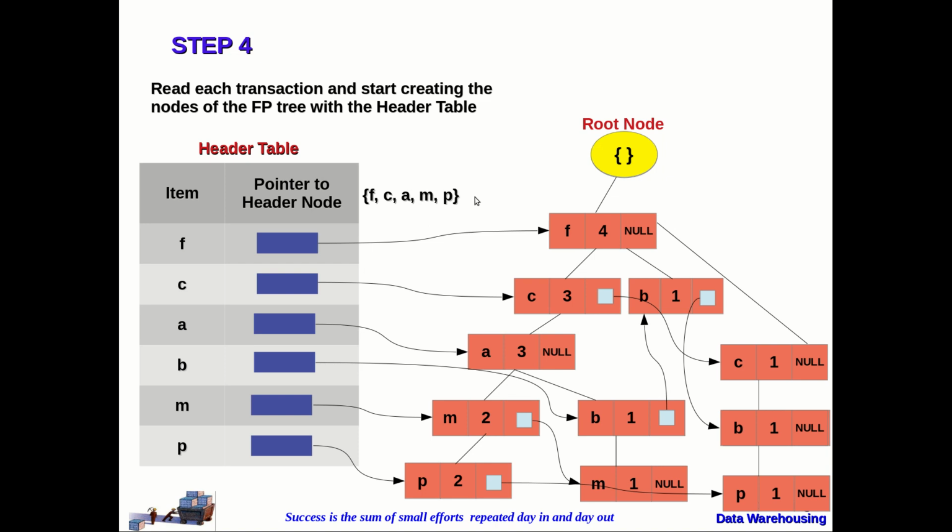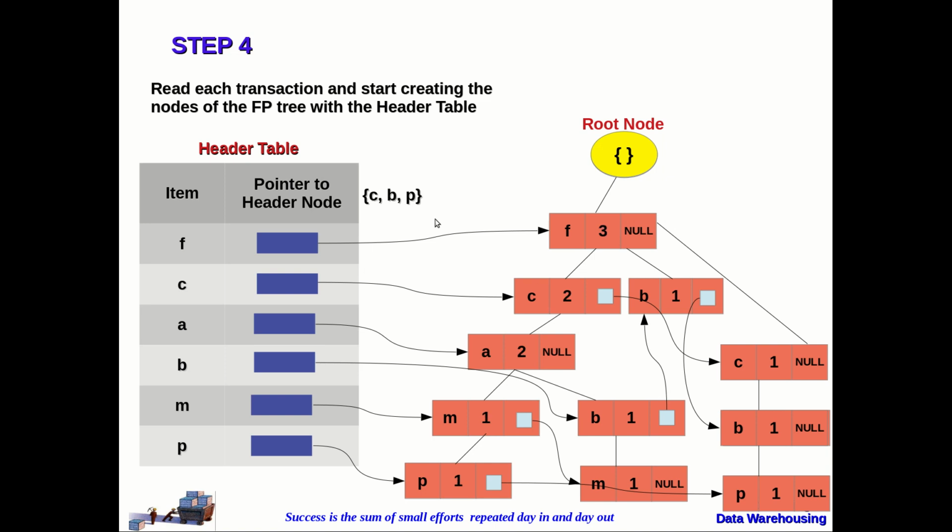Then the last transaction is again FCAMP. So here from the root node we already have F. So 3 will be changed to 4. Then from F we already have C. So from 2 we change it to 3.